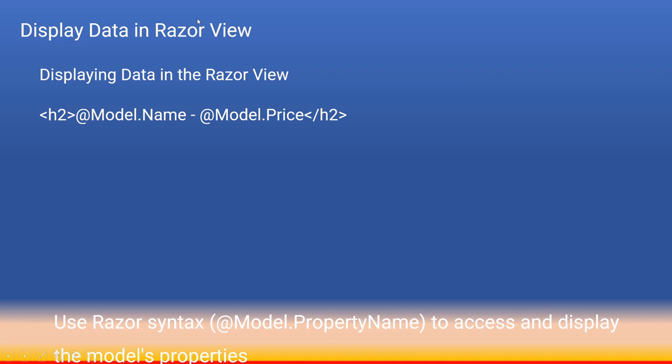In the Index.cshtml file, add the following line: <h2>@Model.Name @Model.Price</h2>. @Model.Name will display the value of the Name property of the Product object, and @Model.Price will display the value of the Price property. The @Model syntax allows us to access the model that was passed from the controller. The dot notation allows us to access the properties of the model.